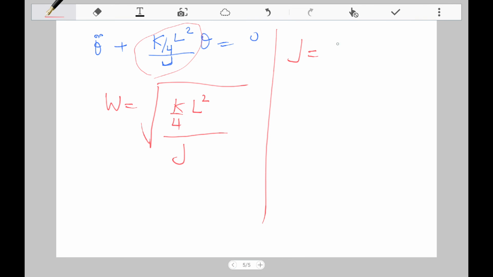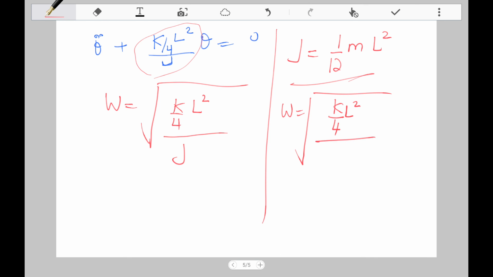For a simple rod, J rotating about its axis is 1 over 12 times mass times L squared. So let's plug that back in, and we'll get K over 4 L squared over 1 over 12 m L squared.